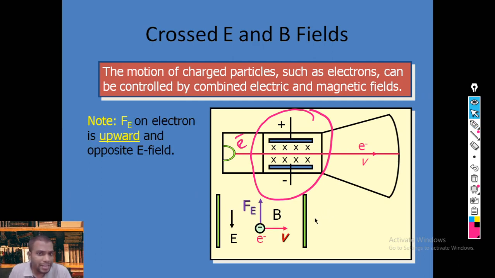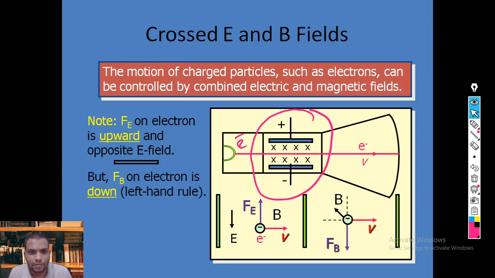The electron will experience a force because of both the electric field and the magnetic field, and here both fields are perpendicular. We need to keep in mind the force on the electron acts in the upward direction, because the positive plate is in the upward direction.